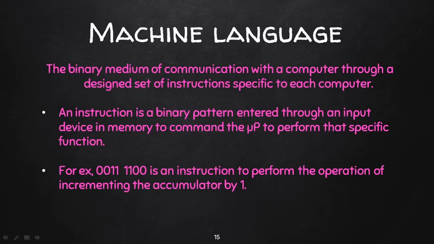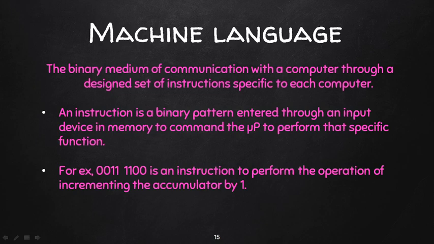Whereas in machine level language, the binary medium of communication with a computer through a designed set of instructions specific to each computer is known as machine language. An instruction is a binary pattern entered through an input device in a memory location to command the microprocessor to perform that specific function.